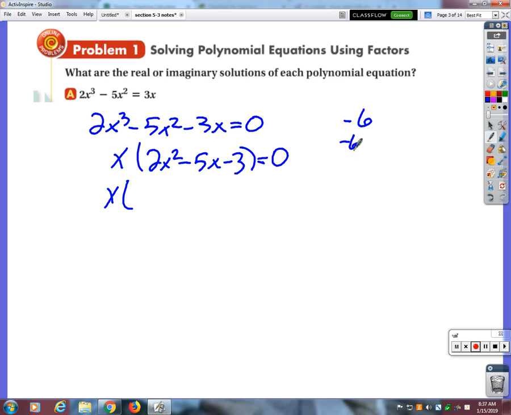Negative 6 and positive 1. Yeah, looking for two numbers that multiply together to be negative 6 and add to be negative 5. Eli says those are negative 6 and 1. So 2x squared minus 6x plus 1x minus 3 equals 0. What happens now?